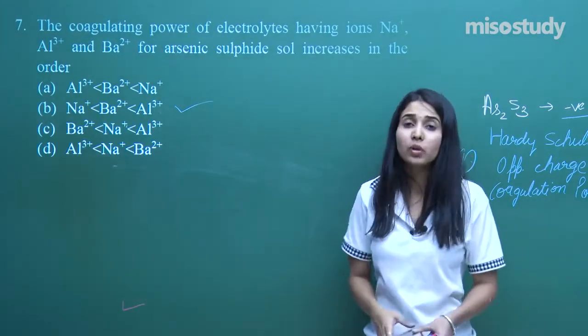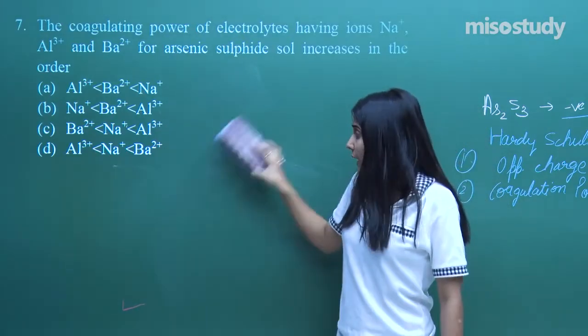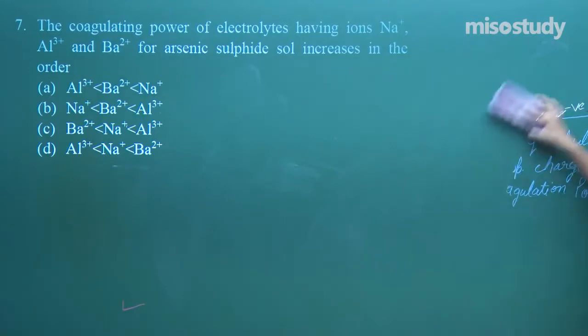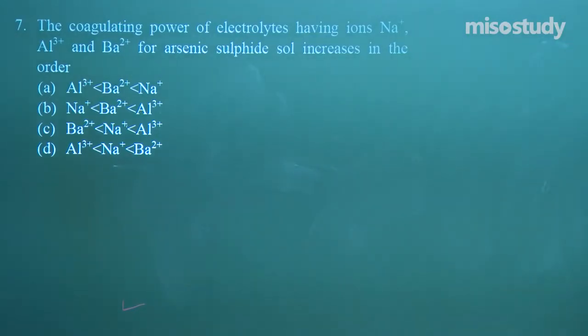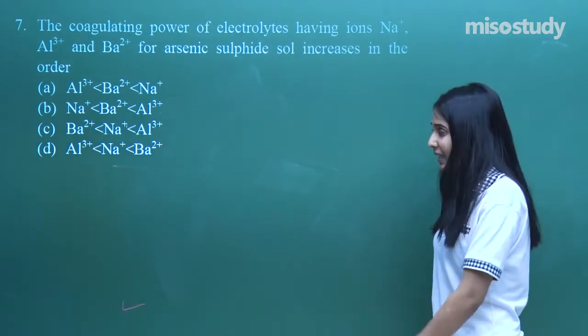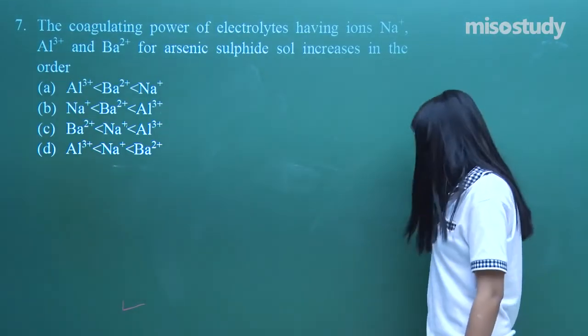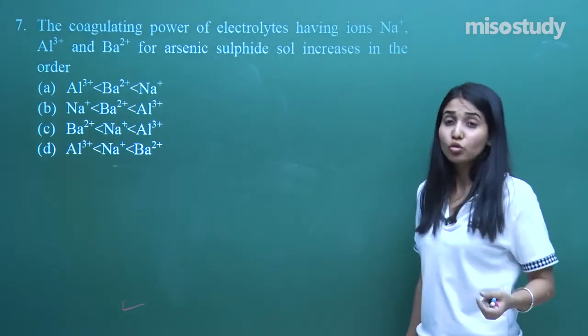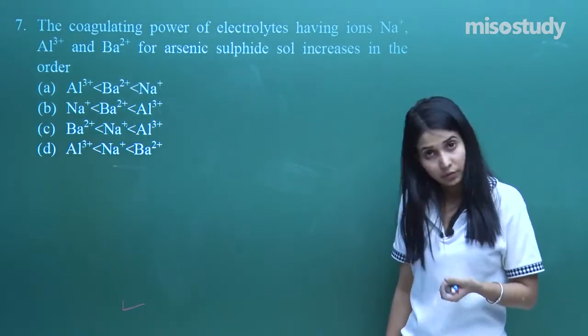So what does it prove? It proves that all you have to do is learn the application of your Hardy-Schulze rule. Of course, you have done the theory part. Of course, you know what it means, how it goes. But the point is that every time you should know how to apply that, right?